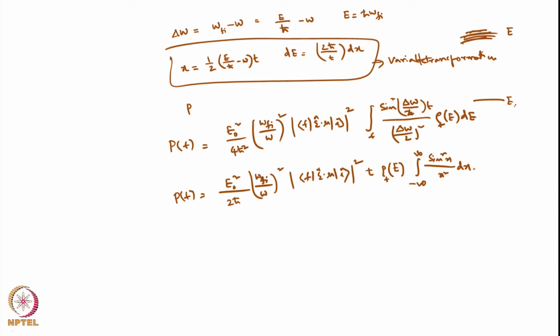Okay. Now, there is one thing that I want to look at, which is the range. Here I have defined the integral over some range f, but here I have defined it over minus infinity to plus infinity. So, there is a change in the integration limit.